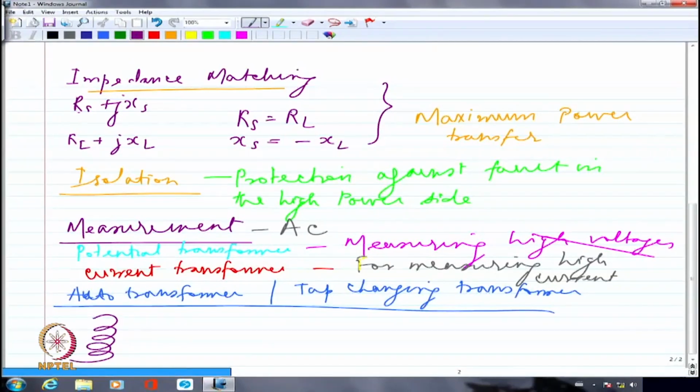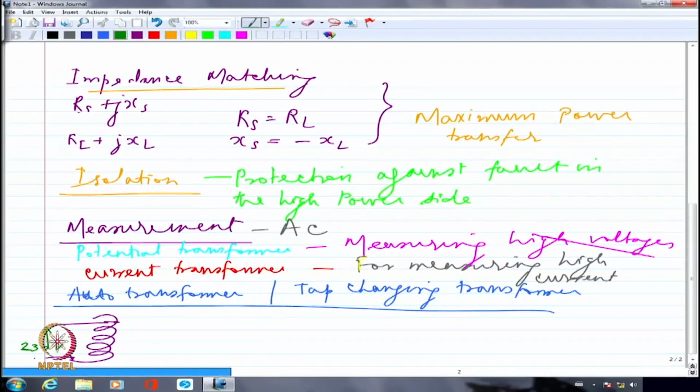I am not showing the core right now. If there are 1000 turns, I may supply the voltage only until 980 turns. So what I am connecting is only to a lesser number of turns than the total number of turns available in my transformer. Maybe I am connecting 230 volts here.